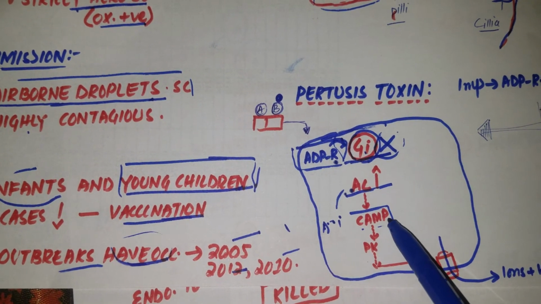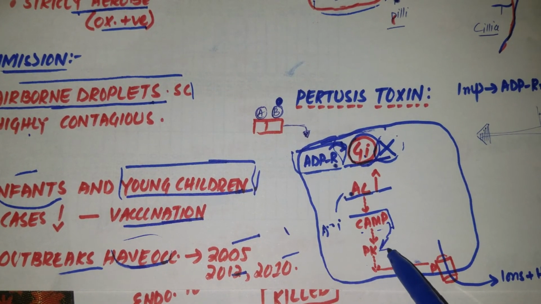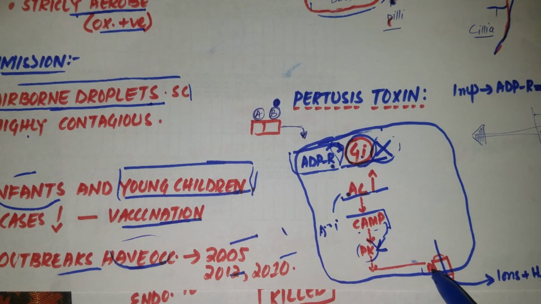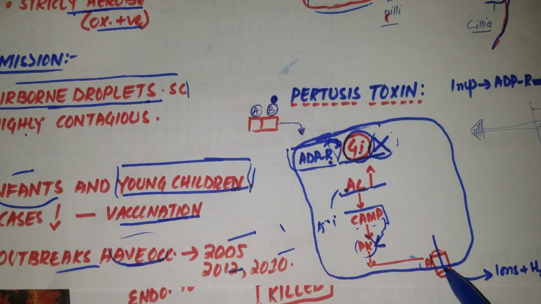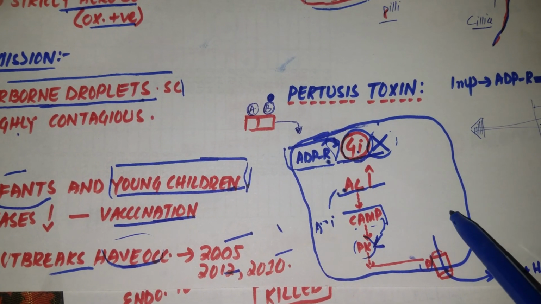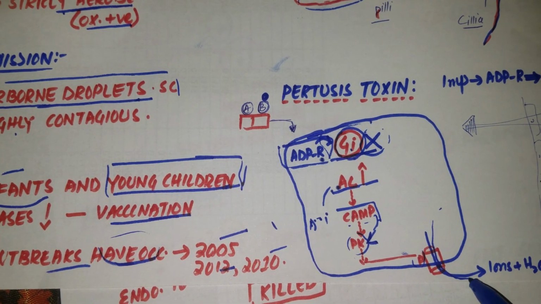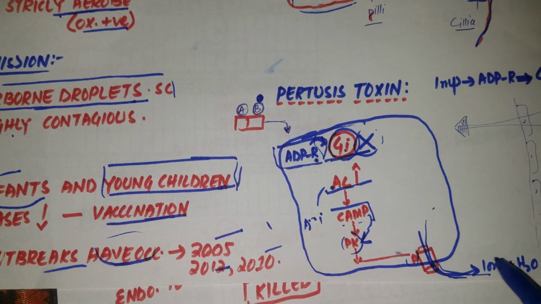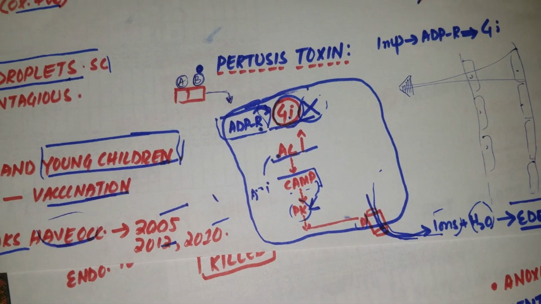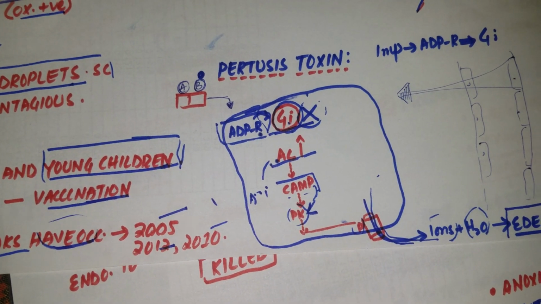This cAMP will cause protein kinase to be activated. These protein kinases will then phosphorylate the ion channels, and when these ion channels are phosphorylated, there will be a rush of ions from inside the cell to outside the cell, followed by water, and hence edema of the respiratory surfaces will occur.